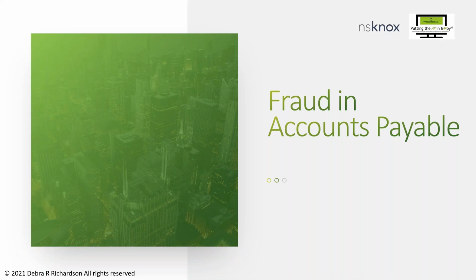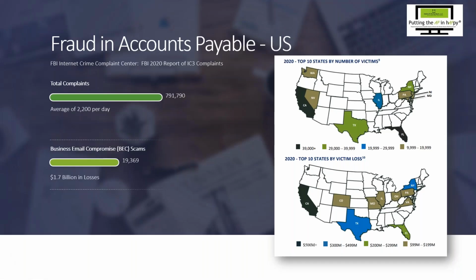So let's talk about fraud in accounts payable. Looking at the US first, this map and the stats are taken from the FBI 2020 report of IC3 complaints. Total complaints for the year were almost 800,000, up from 467,000 in 2019. So the average of 1,300 per day in 2019 jumped almost 50% to 2,200 per day in 2020.